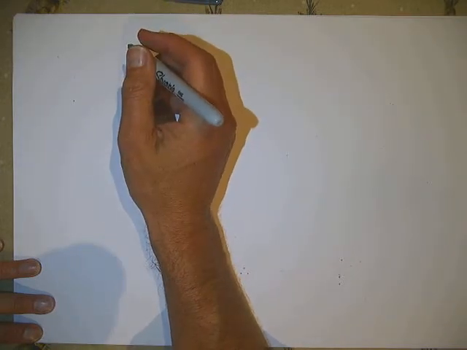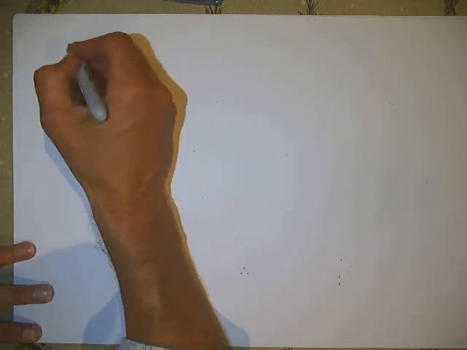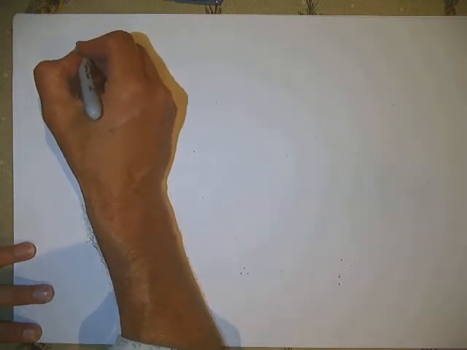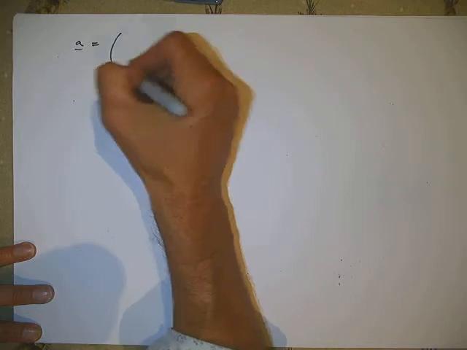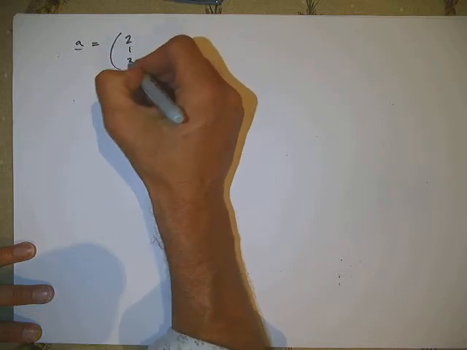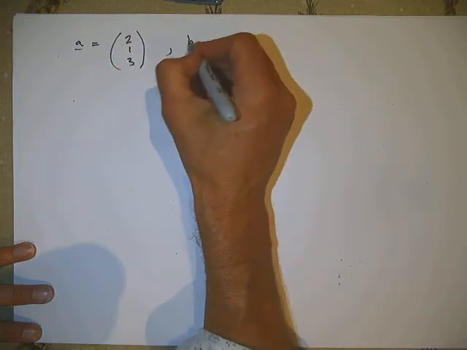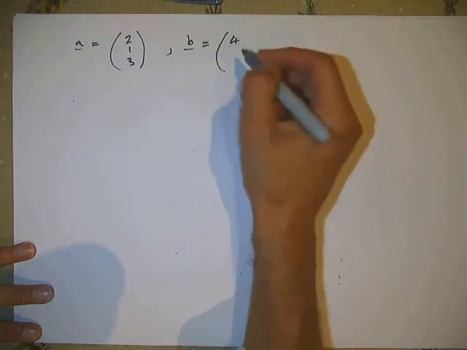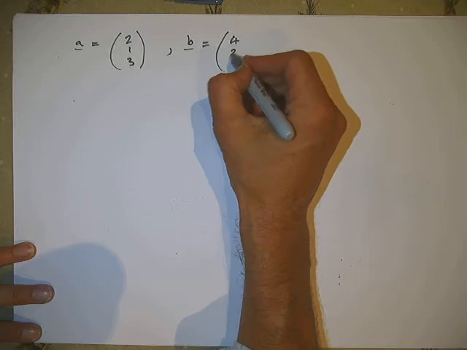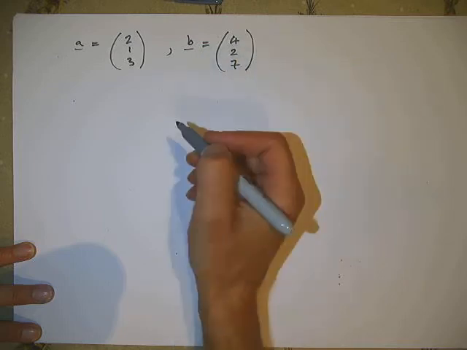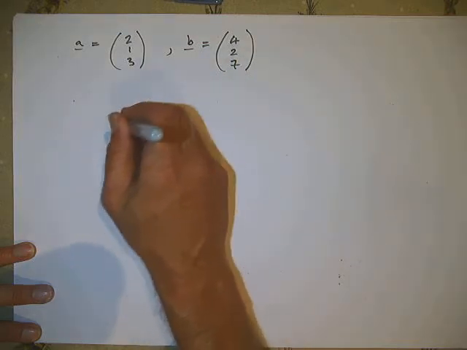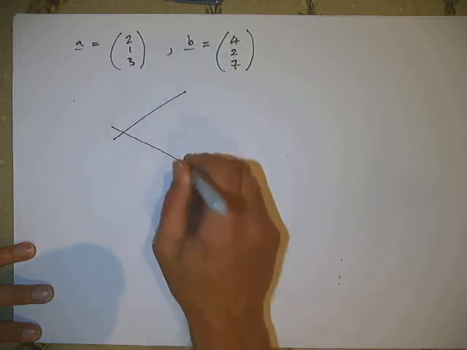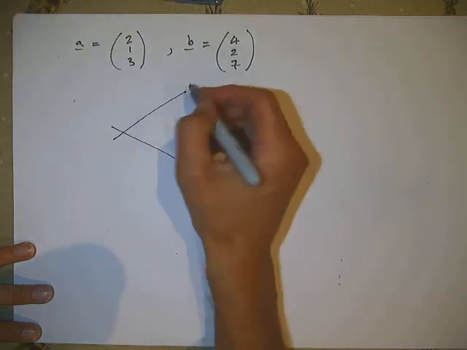Let's say that vector A was 2, 1, 3, and vector B is 4, 2, 7 for argument's sake. So we've got two vectors. Let's say they're emanating from the same point.